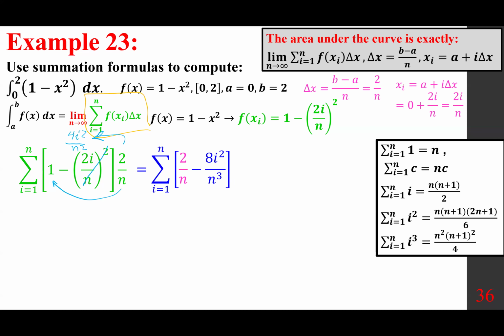So we are going to make up two limits. One limit involves 2 over n minus the other one involves this piece. And we are going to take out whatever we can. Remember, the limit applies to i. So this part is 2 over n times the summation of 1. This one is 8 over n cubed times the summation of i squared. So I hope you see what I'm doing here is elementary algebra.